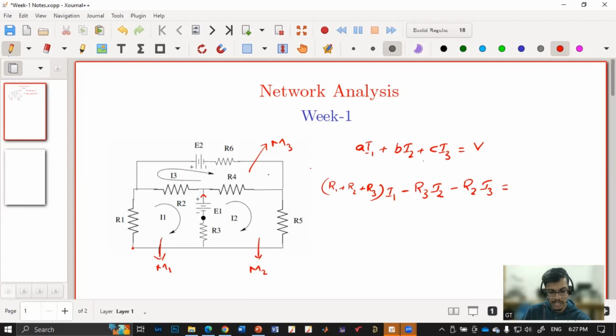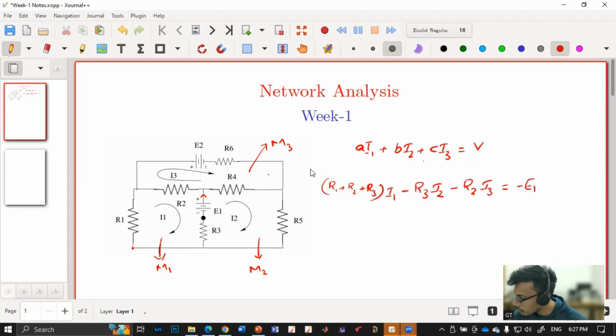So the convention is, if the source is supplying the current, then it is positive. If the source is taking the current, it is negative. So here, whether the source is taking I1 or supplying I1 in this particular mesh. It is taking, so it will be negative, minus E1.